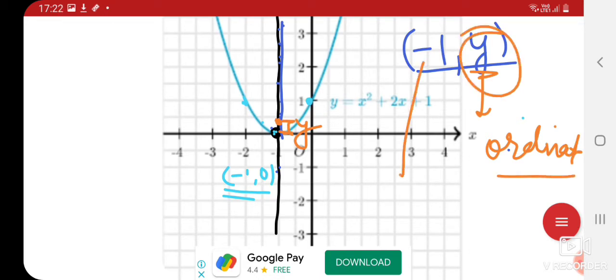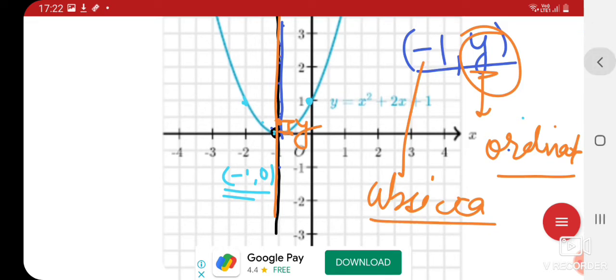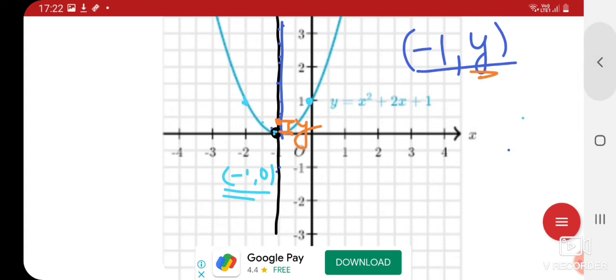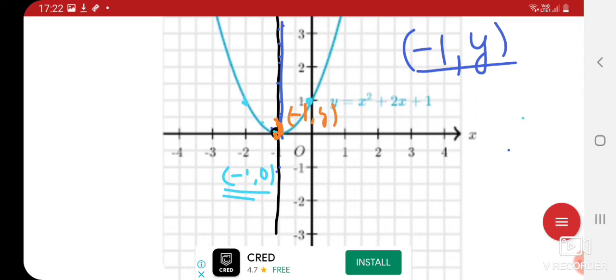The ordinate is our variable, and the abscissa is our constant, because we know that all the points will lie on this line only, and all the abscissa here will be minus 1. Now what I need to tell you is that, again, this point is minus 1, y, and this point has minus 1 and 0.